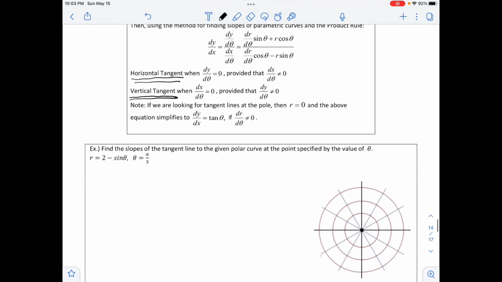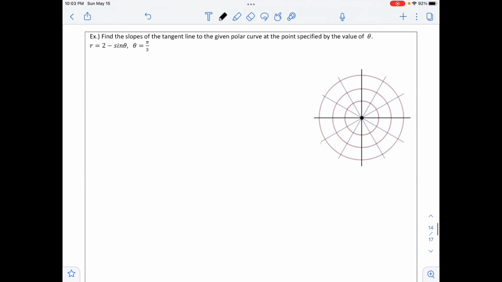So we have an example right below that says find the slopes of the tangent line to the given polar curve at the point specified by the value of theta. So it says r equals 2 minus sine theta, where theta is equal to pi over 3.